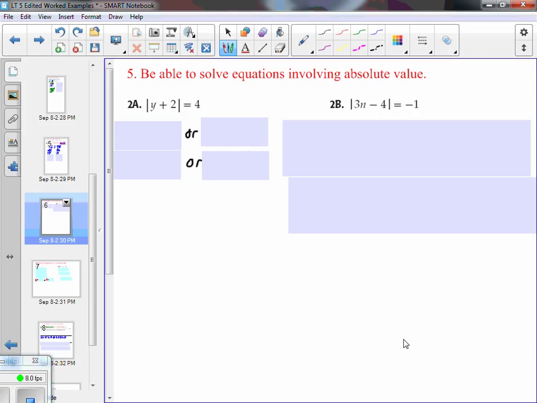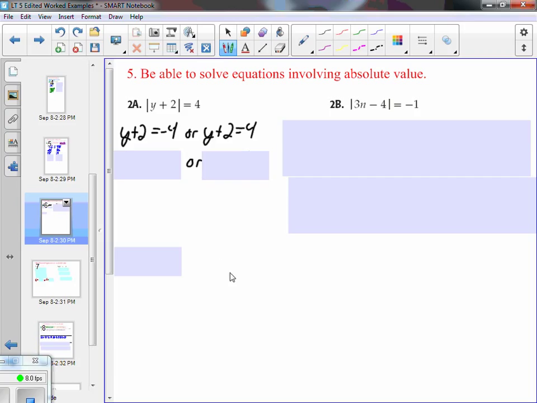We have the absolute value of y plus 2 equals 4. Now, the expression in the absolute value sign, the y plus 2, what two numbers have an absolute value of 4? 4, negative 4. That means the expression inside the absolute value sign equals negative 4, or the expression inside the absolute value sign equals positive 4.